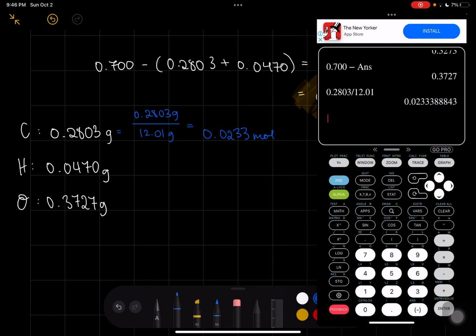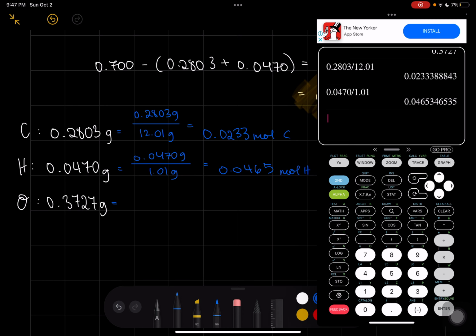Here we have 0.0470 divided by 1.01. We're going to get 0.0465 moles of hydrogen.